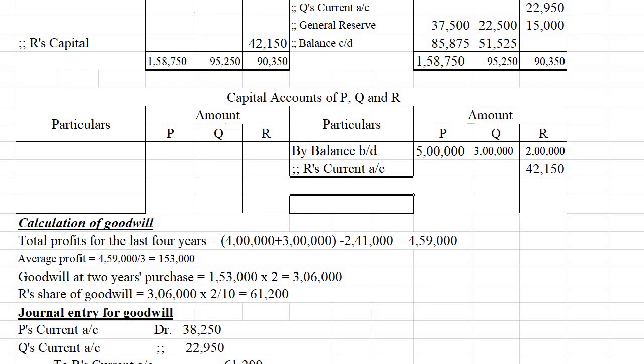Then next debit side. So we have to pay money to R by redeeming loan account of P. So P's loan is there. We have in the asset side, P's loan we have 35,500 and he agreed to repay his loan.